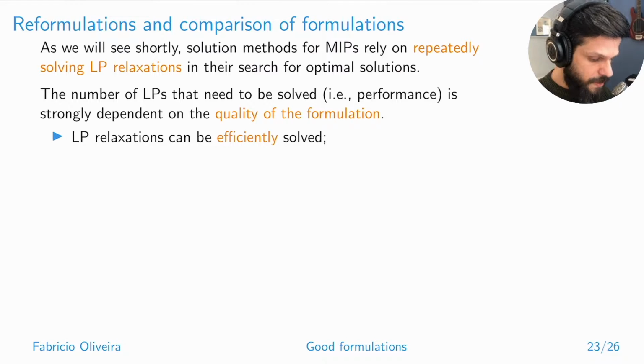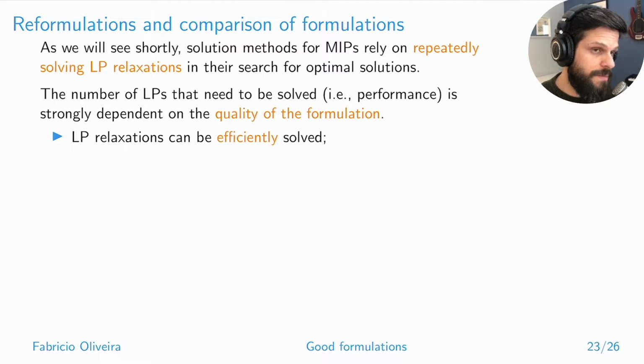So basically, in the next lecture, we'll start seeing solution methods for mixed integer programs. And one thing that is going to become immediately clear is that solving mixed integer programs consists of the task of repeatedly solving linear problem relaxations.